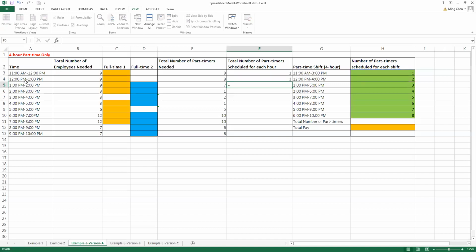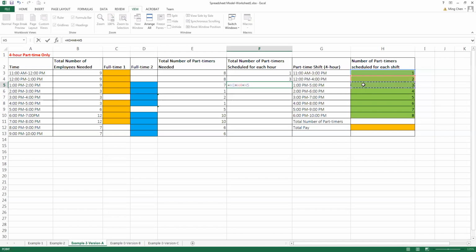Next, who will be working from 1 to 2? Let's look at all these possible shifts. The person working 11 to 3 covers 1 to 2. The ones working from 12 to 4 also cover 1 to 2, and the ones working from 1 to 5 will be working from 1 to 2 too.